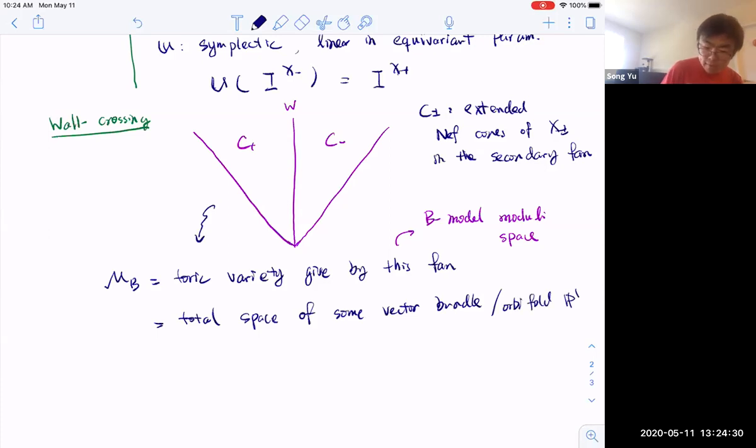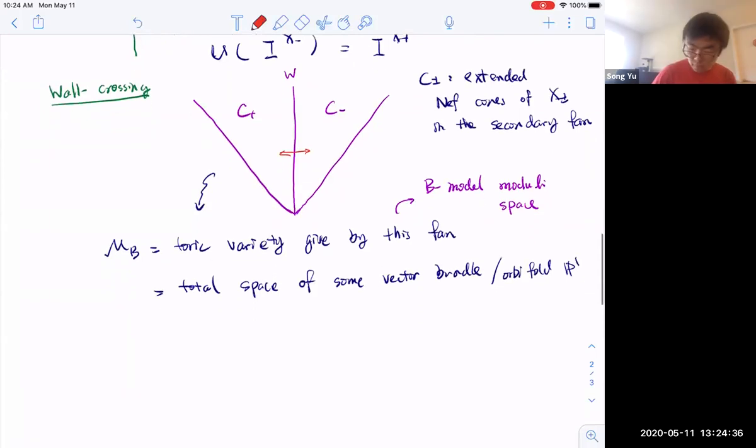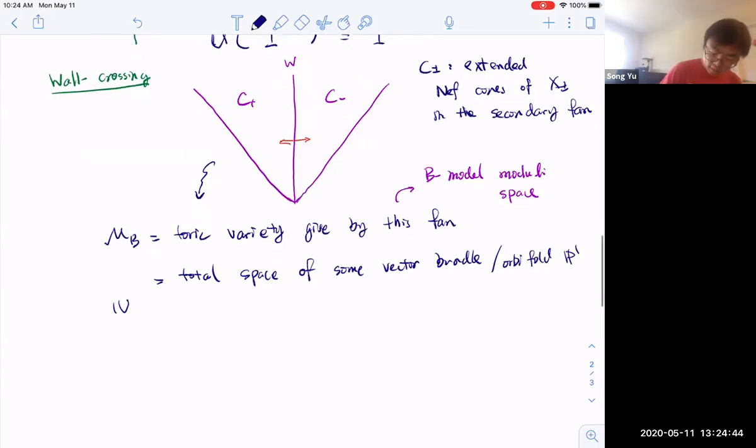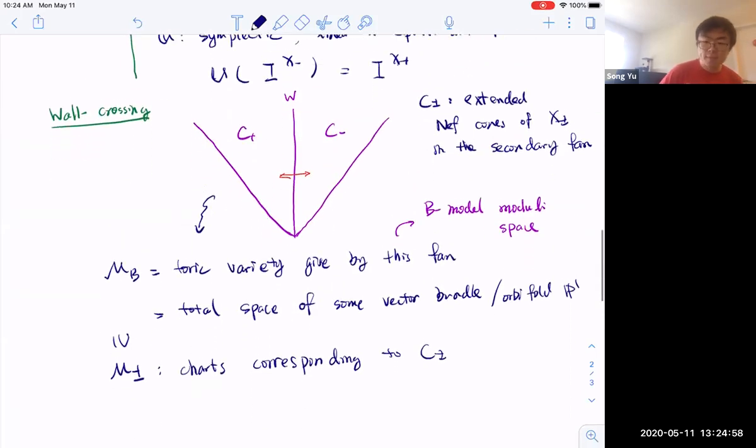The P1 is given by the direction that crosses this wall. And each of the two cones will correspond to two charts, which I call M plus minus. So these are charts corresponding to the top dimensional cone C plus minus.